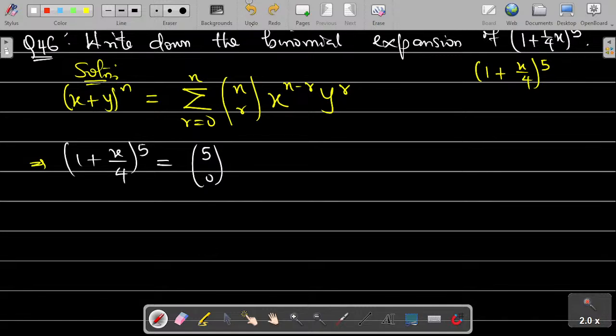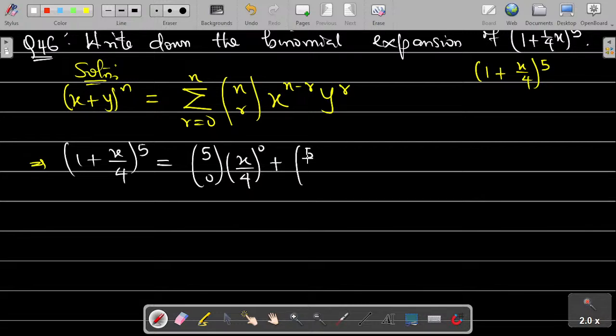In this case our x is 1, and 1 to any power is always 1, so 1 to the power of 5 is just 1.